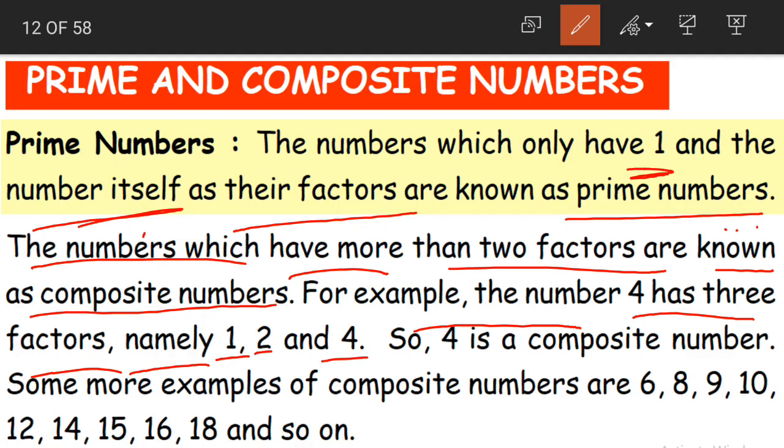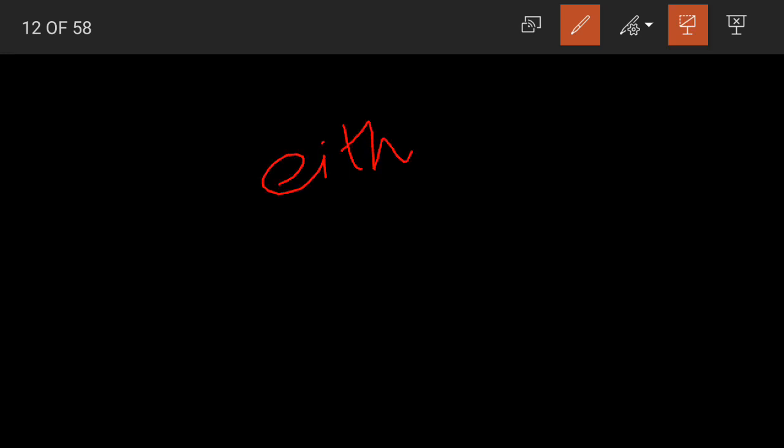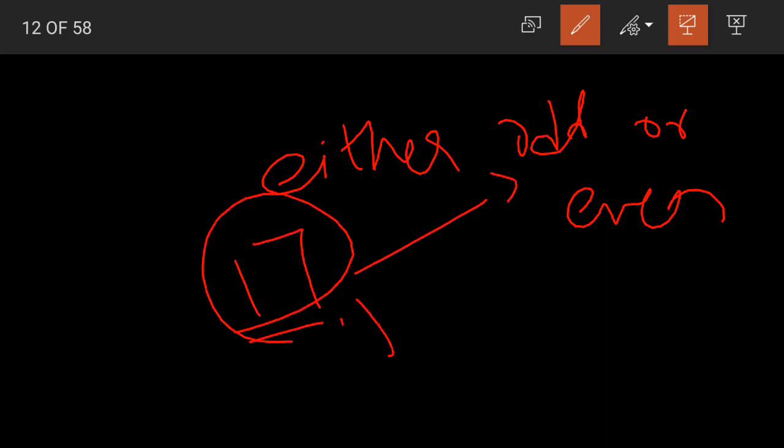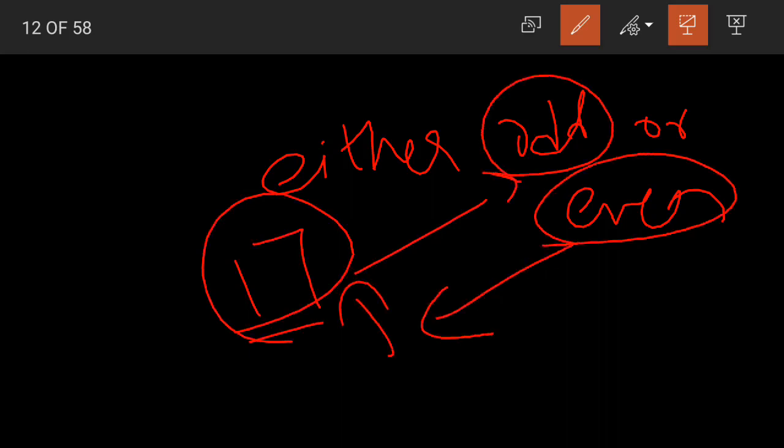Now, even in the case of odd and even numbers, a number can be either odd or even. Yes, children, if I take the number 17, it can be only either odd or even. If it is even, then we know that it is not odd. If it is odd, then we know that it is not even.